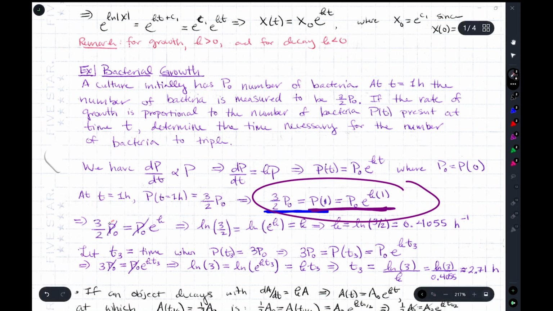Notice something crucial here. Someone would wonder, well, we don't know the initial population, so how can we solve this? It turns out that the initial population gets canceled. It's not important. This is how exponential growth works. What matters is the ratio of growth, okay? So you get this P naught canceling, and you're able to solve for k.